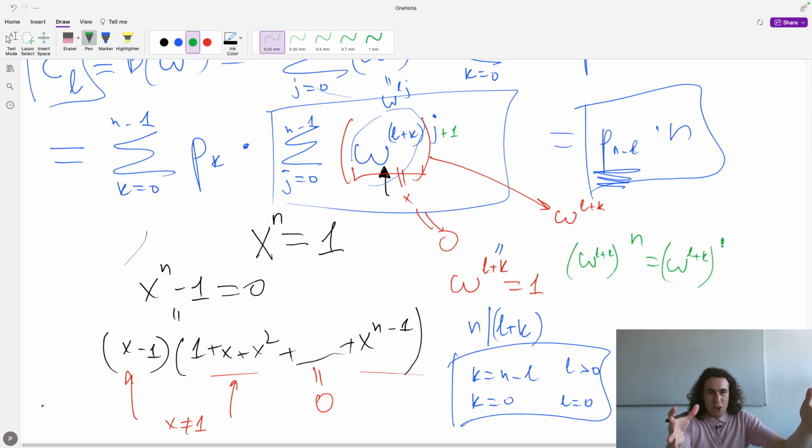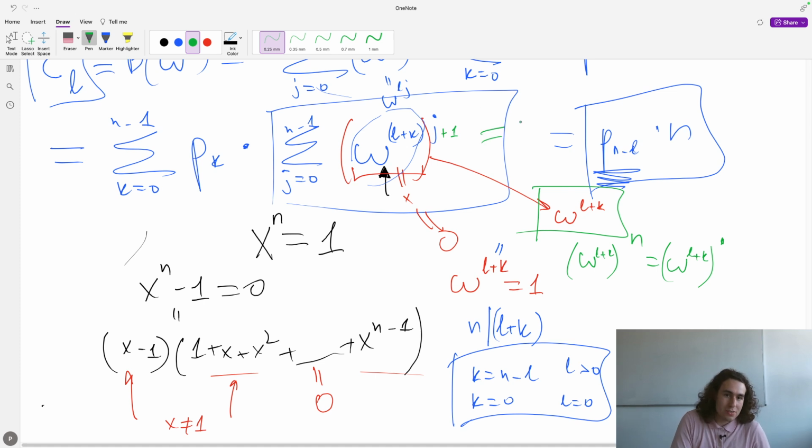So I shifted all the powers. So before I had power 0, 1, 2, and so on, n minus 1. I multiplied, so now I have powers 1, 2, 3, 4, 5, and so on, n. But then nth is the same as 0. So actually, when I multiply this thing by omega to the power of L plus k, the sum doesn't change.